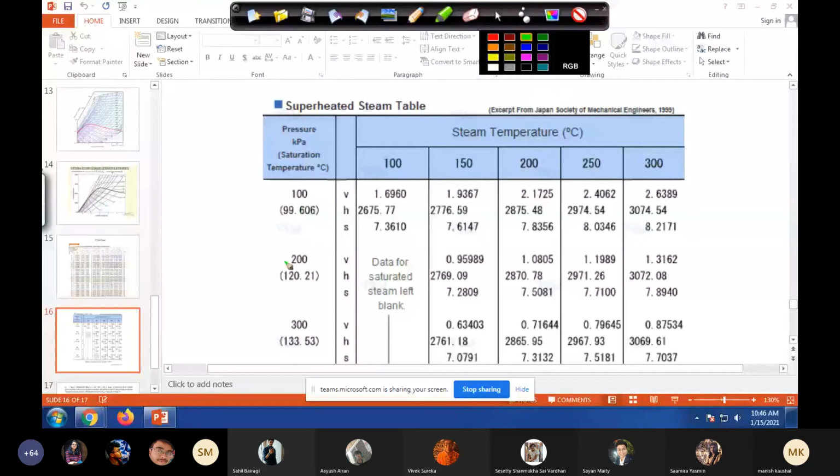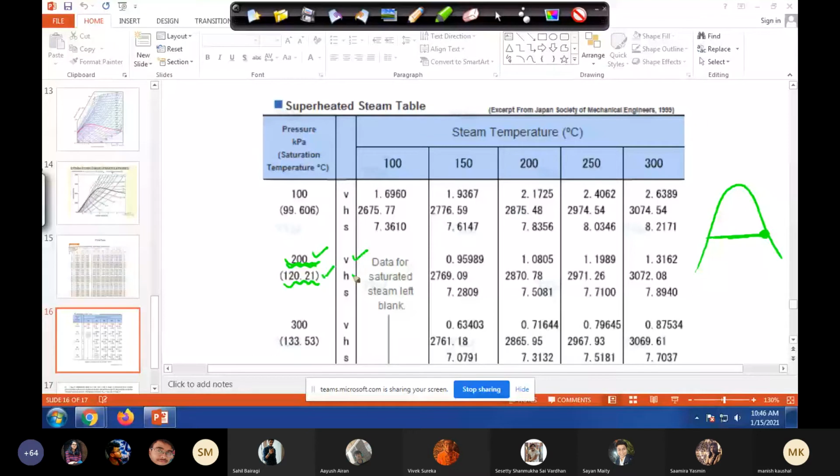So let's say 200 degrees Celsius. If you are in this phase change regime, then temperature is also fixed, right? That's why in the bracket you see temperature is given. For 200 degrees Celsius, if you are in this phase change regime, temperature is also fixed. And for this pressure and temperature, you have data of V, H, S. Same thing, okay? In a different fashion.